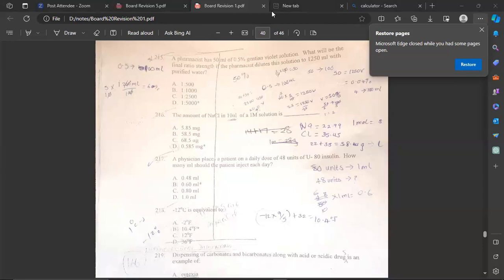The amount of sodium chloride in 10 microliters of a 1 molar solution is... who knows the answer to that one?